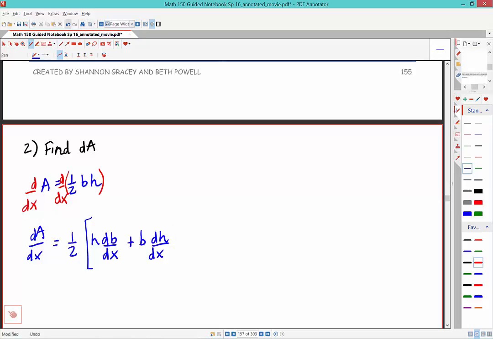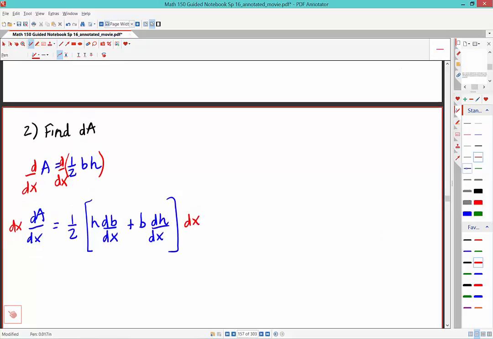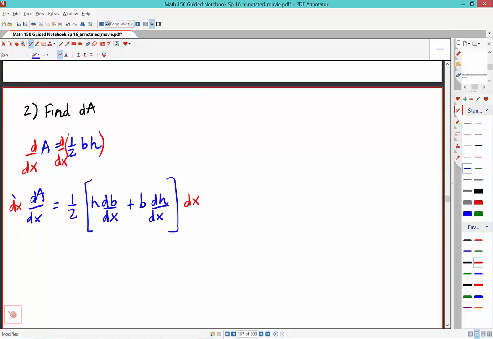But look what happens. It's really awesome. If you multiply both sides by dx, look what happens. All the dx's go away, and you're just left with these differentials. So you get dA is equal to 1/2 times h dB plus b dH.